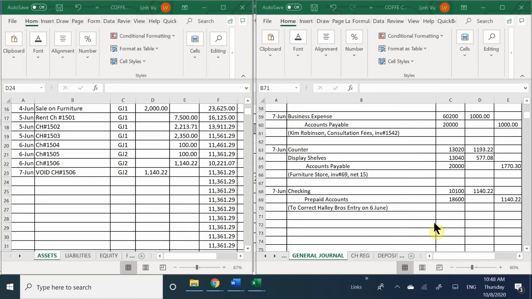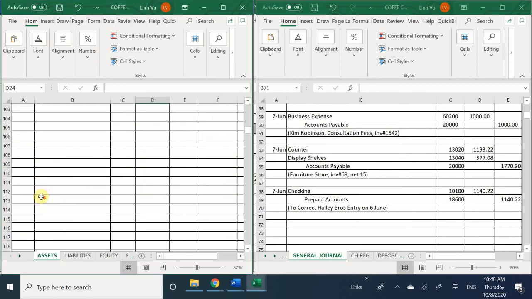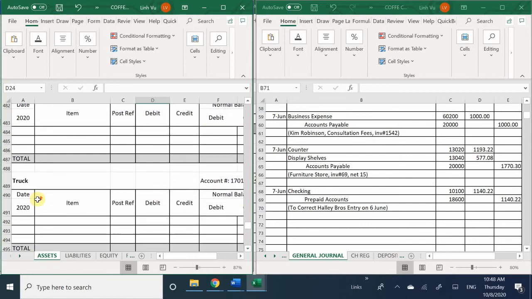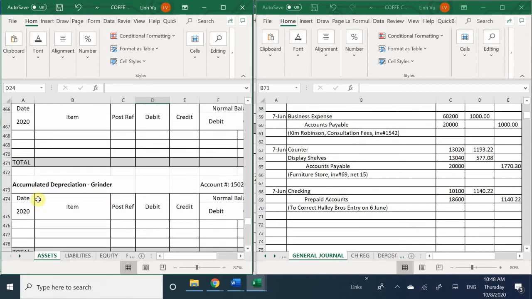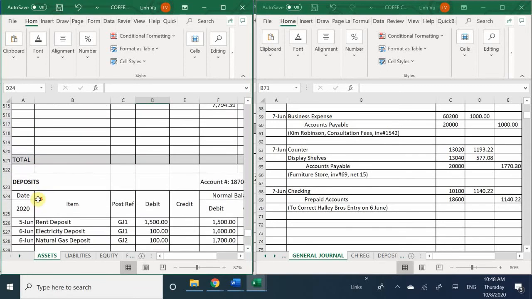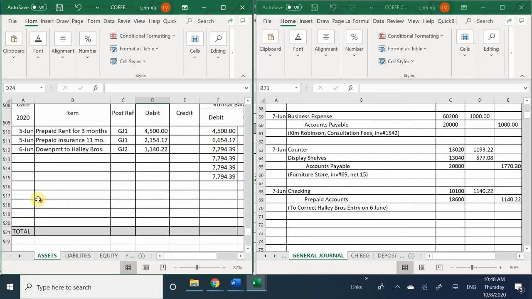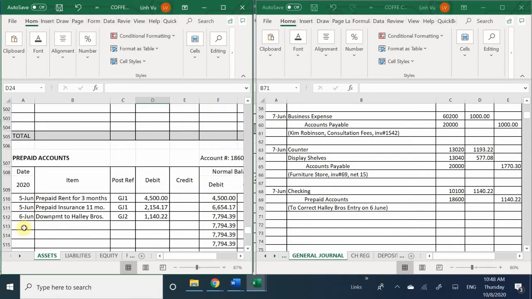So now that we have this, I'm going to go ahead and update my prepaid accounts, which should be on page 15. So deposits, prepaid accounts right here. Okay.